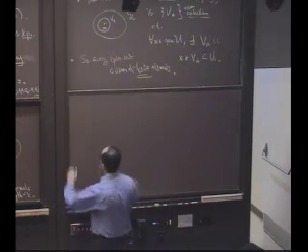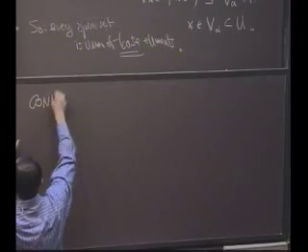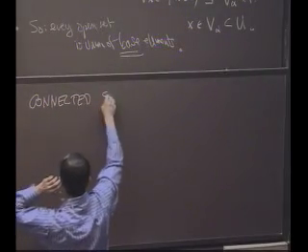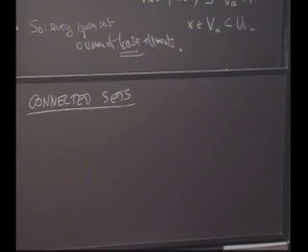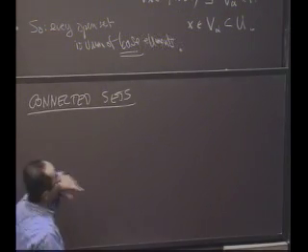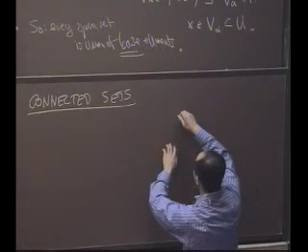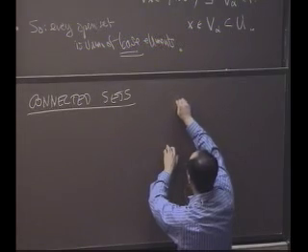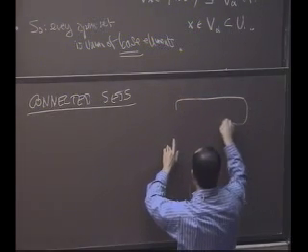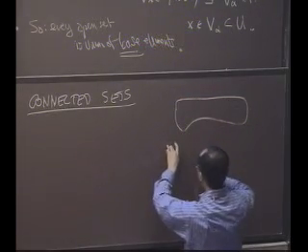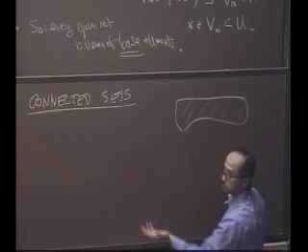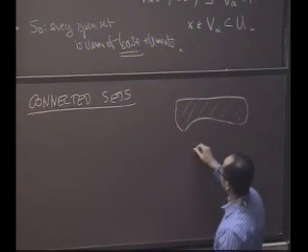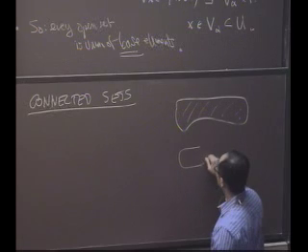Okay, great. This is the last concept I want to discuss today, and that is connected sets. What does it mean for a set to be connected? So, for instance, if I draw a picture like this, does this set feel to you somehow connected? Yeah, sure, right? But what about this one?